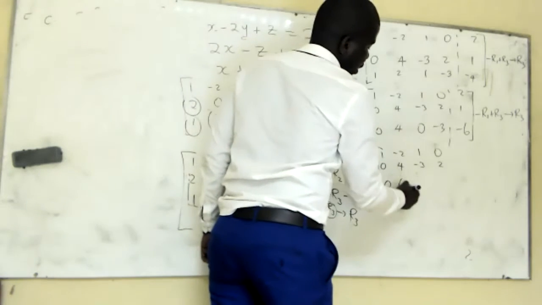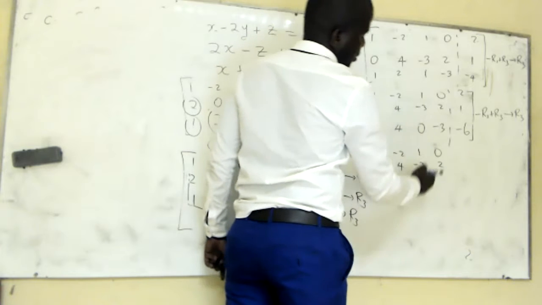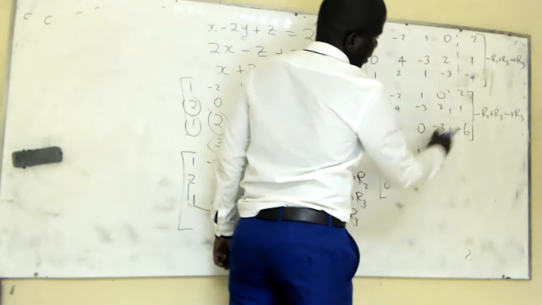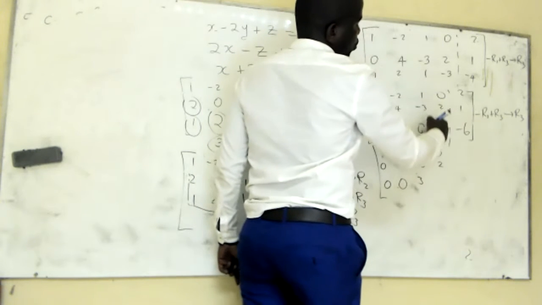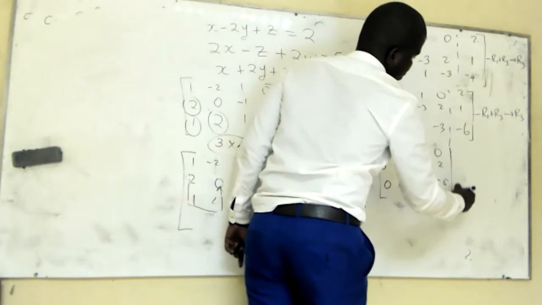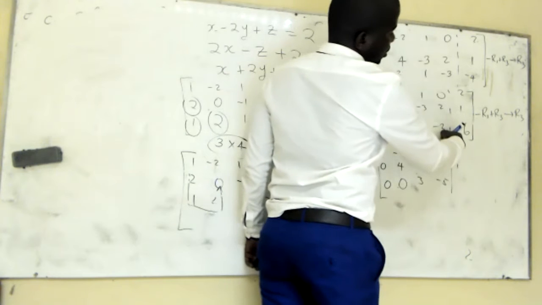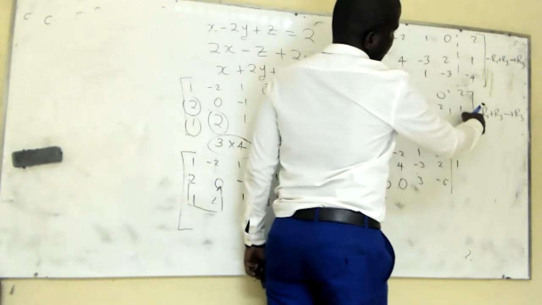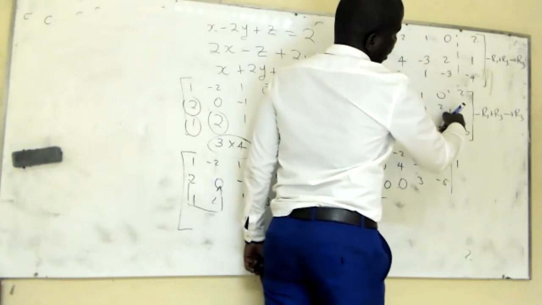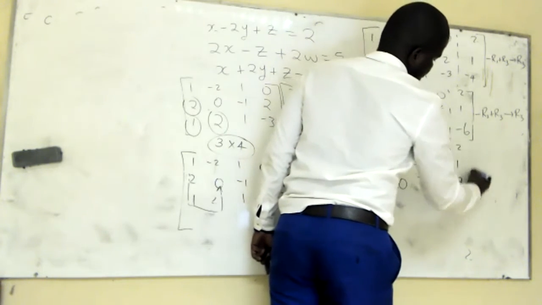And then here we're going to get a 0 that we're looking for. And then here it's going to be +3 plus 0, which is going to be 3. And then here -2 minus 3 is going to be -5. So here we have 2, 1. But this is going to change. We're going to have -1 minus 6, which is -7.